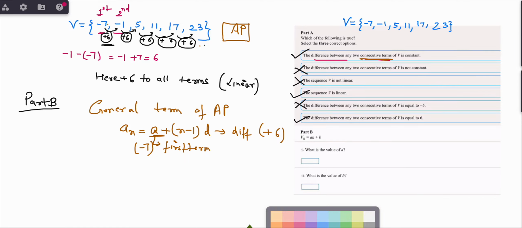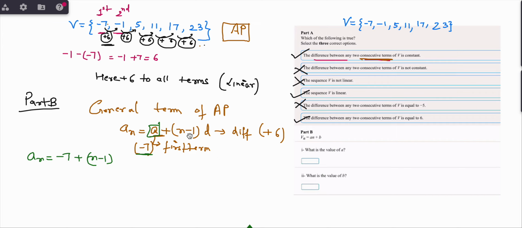So now we will be calculating that. an is equal to a, which is -7, plus n minus 1 as it is from the formula. d is +6, which is the common difference between the two terms.